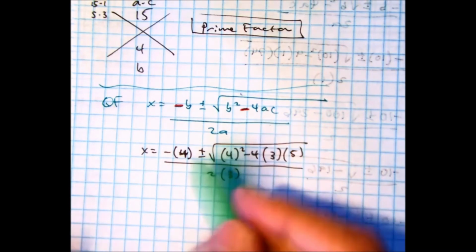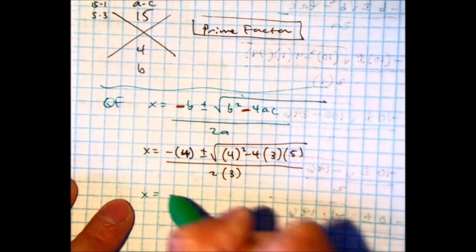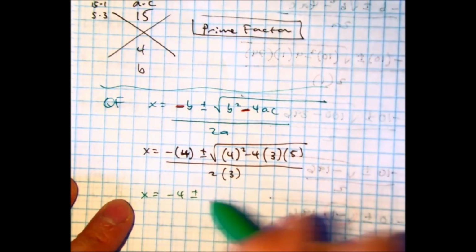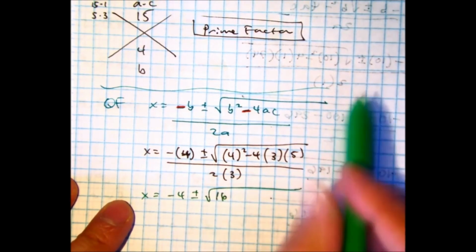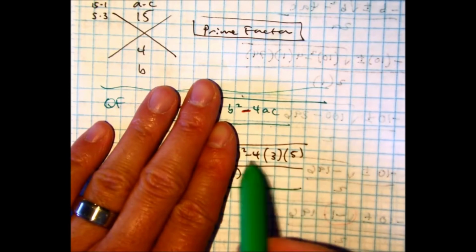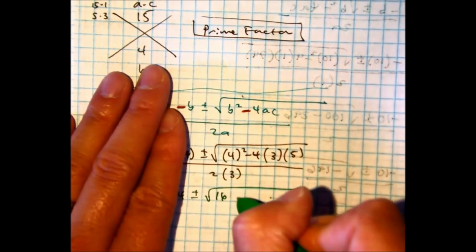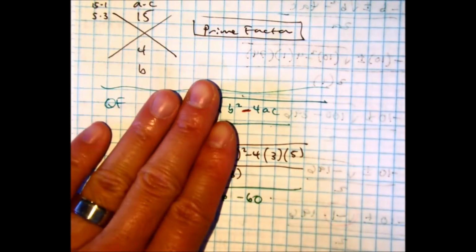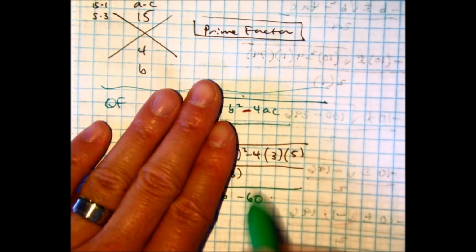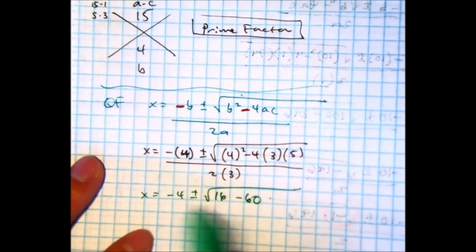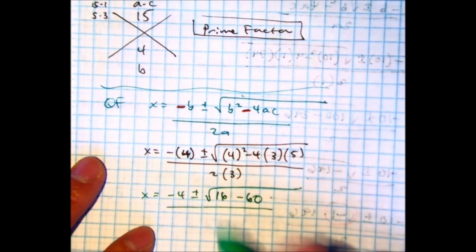Samantha? How much did that one come out to be? Positive or negative? So negative 60, right? Negative 4 times 3 is negative 12. Negative 12 times 5 is negative 60. All over what? 6.